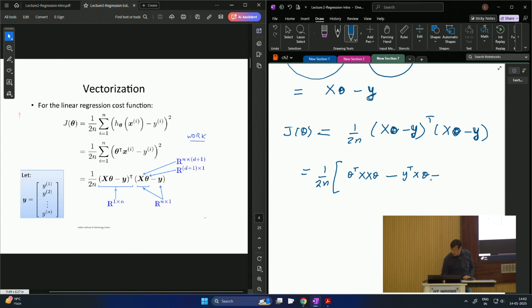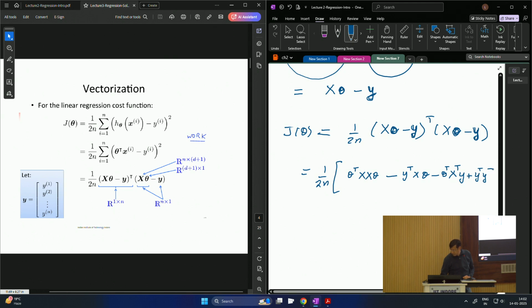This y transpose X theta, then this will be theta transpose X transpose times y, and then it will be plus y transpose y. Yes, sorry, I did it in a hurry. Okay? Everybody okay?